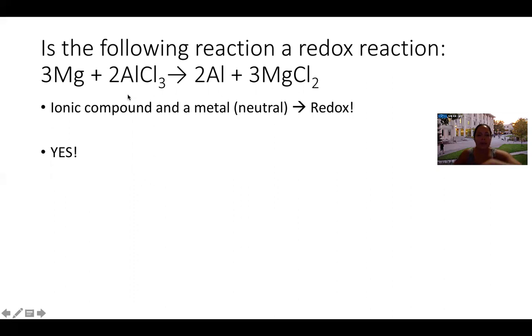Why? Because remember in our ionic compounds, each of these chlorides has a 1- charge, and there's 3 of them. So that means our aluminum's at 3+. So on the left side of the equation, the aluminum's at 3+, and then it just goes to solid aluminum by itself. So that's at 0. So it went from 3+ to 0.